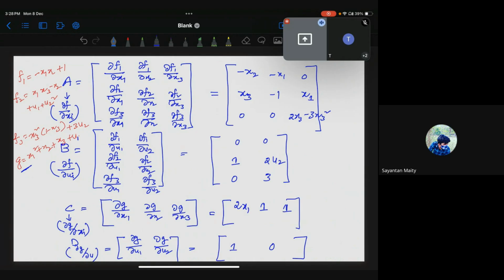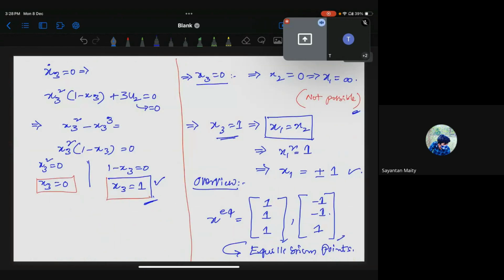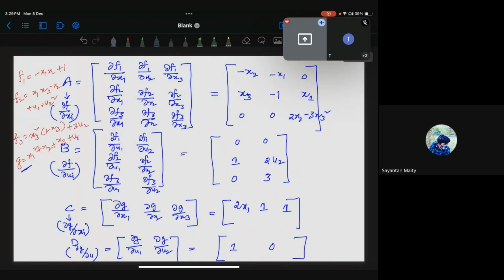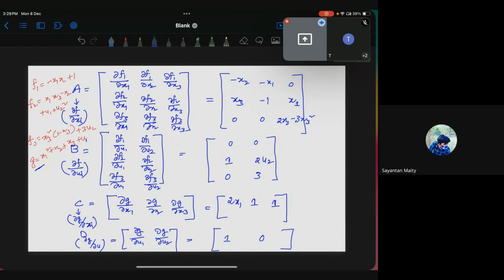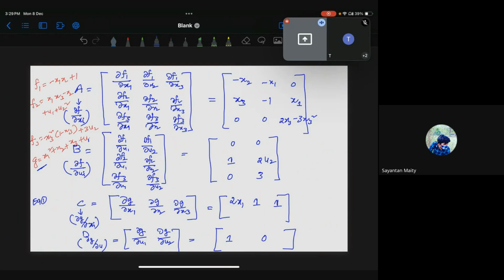Now what we need to do is call these equilibrium 1 and equilibrium 2. Equilibrium 1 is 1, 1, 1, and equilibrium 2 is minus 1, minus 1, 1. You have to substitute them here. Let me write them again. Equilibrium 1 is 1, 1, 1.